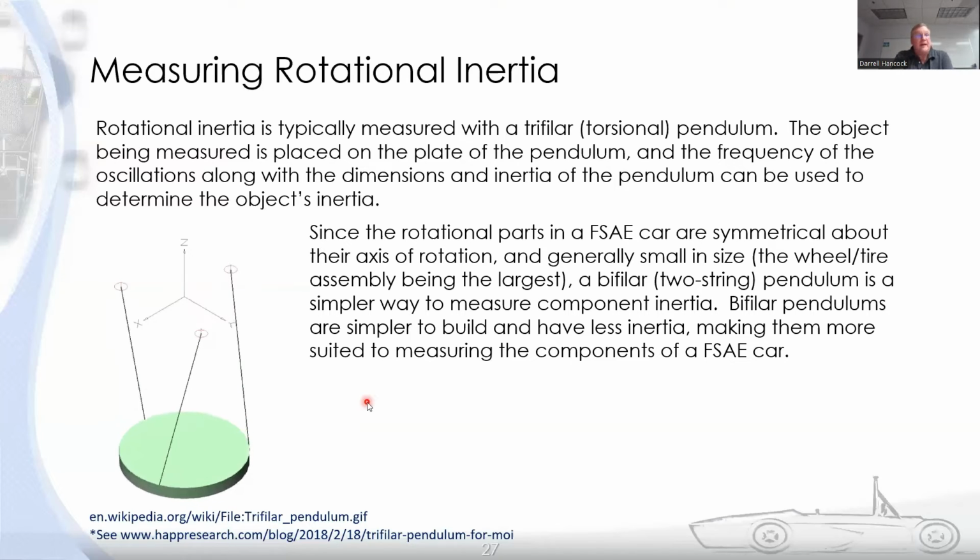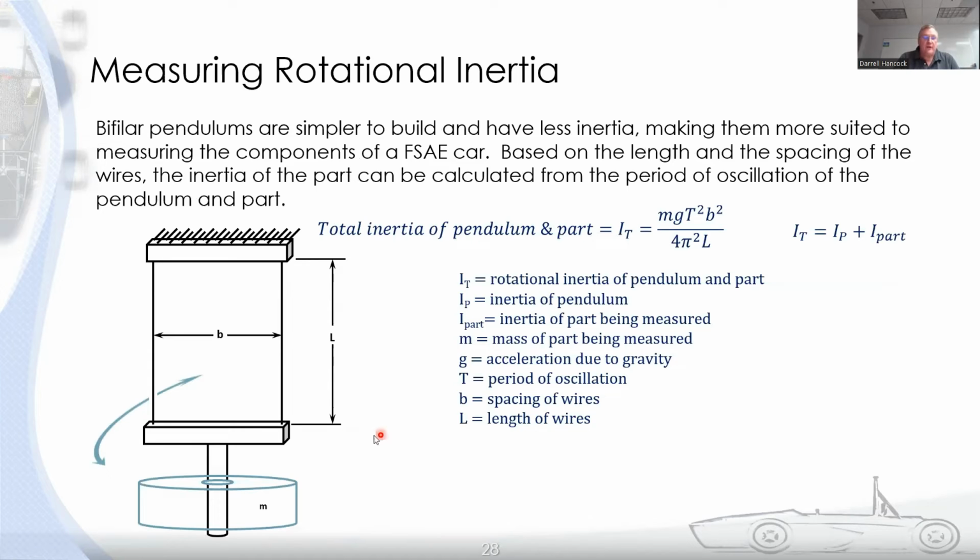So for most of your rotating parts, your wheels, tires, brake rotors, half shafts, sprockets, that sort of thing, since those parts are all symmetrical about their axis of rotation, you can use a simpler pendulum, a bifilar or 2-string pendulum. And this is something I did a lot of when I was building mini Baja cars in college. You can make a fairly simple pendulum.